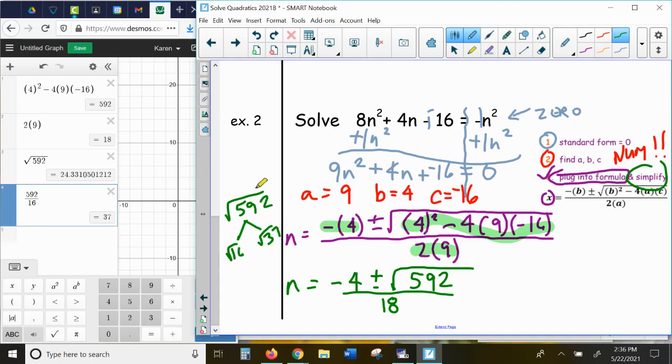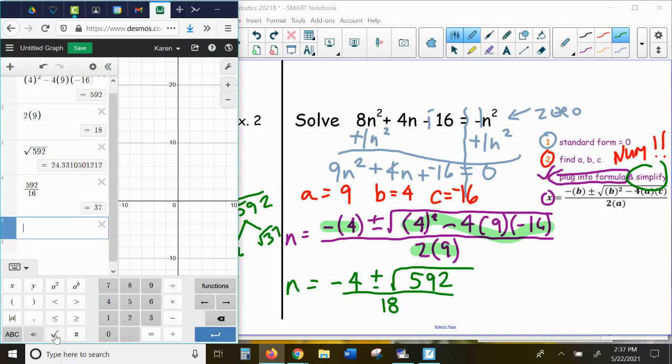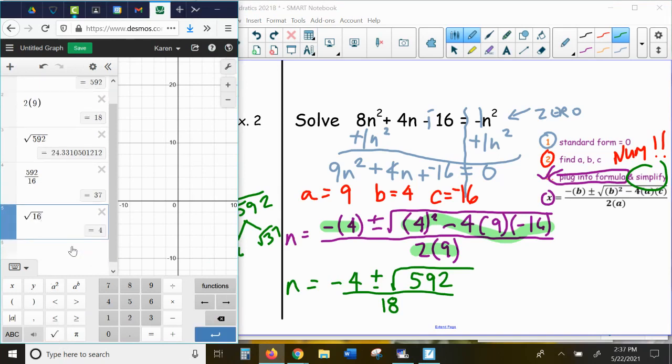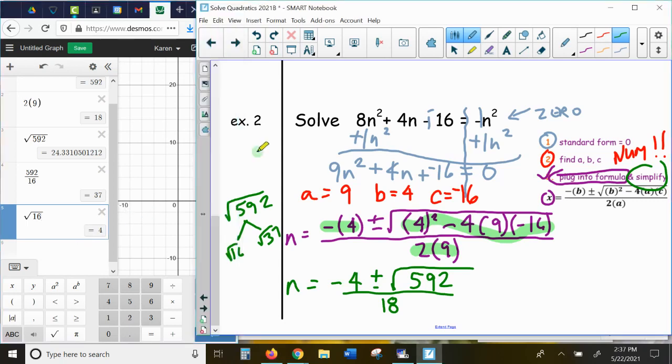And 16 times 37 does give me 592. But 16 is a perfect square. We know 16 is a perfect square, and if we didn't know, of course it's on our list. So the square root of 16 is a 4. That's a positive or a negative 4, of course. And this radical 37 is not a perfect square. It is what we cannot take out of the square root sign.